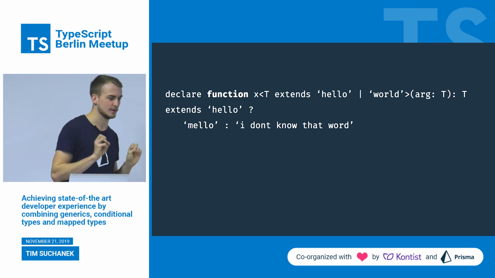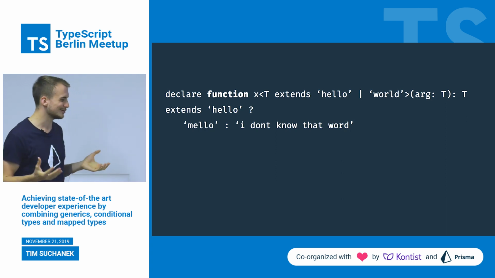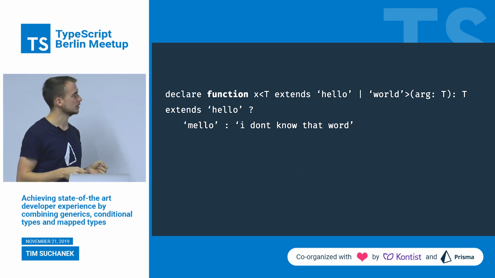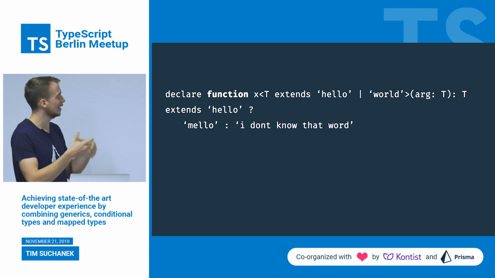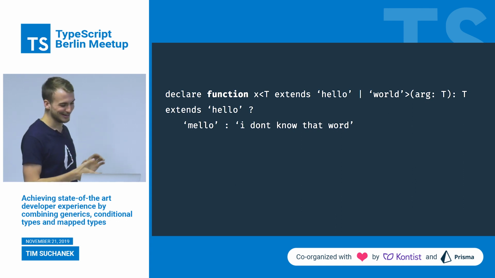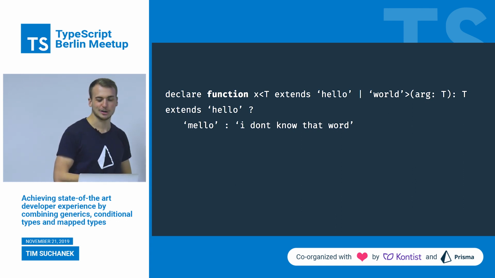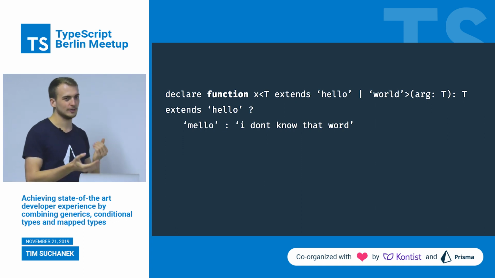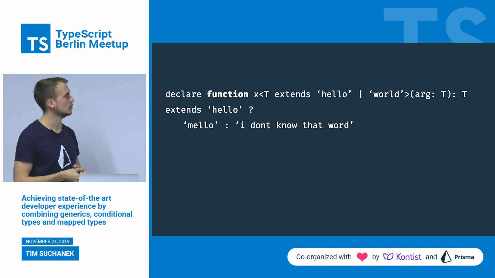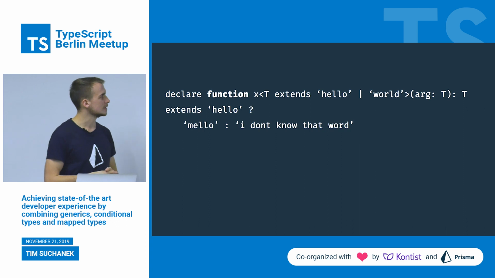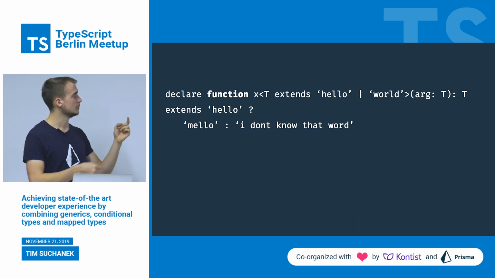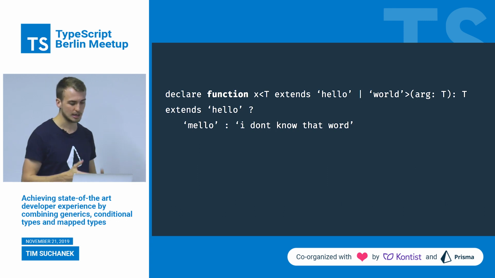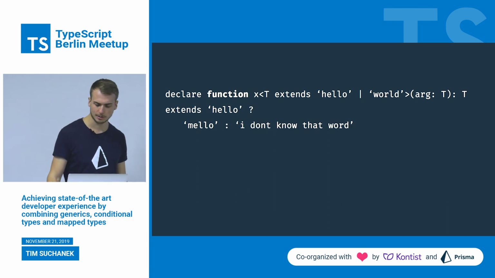It's the triple equal probably in JavaScript on a type level. So we say if T is hello, then return mellow. Otherwise return I don't know that word. So that's a simple ternary expression that we have here. It's the same as if in JavaScript we would say question mark and colon. So it's an if-else statement that we have here on this type level now.